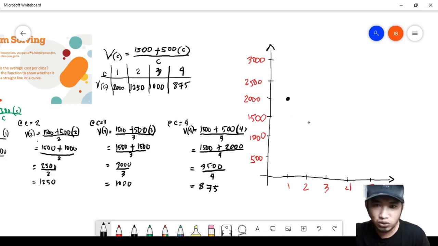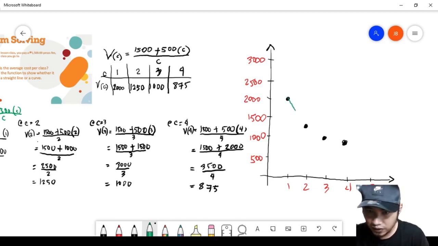And then at 2, that is 1,250. So, nasa gitna ng 1,500 at saka 1,000. And then, at 3, that is 1,000. At 4 is equal to 875. So, medyo nandito siya. Hindi siya sa gitna ng 500 to 1,000. 875. Nandyan siya.